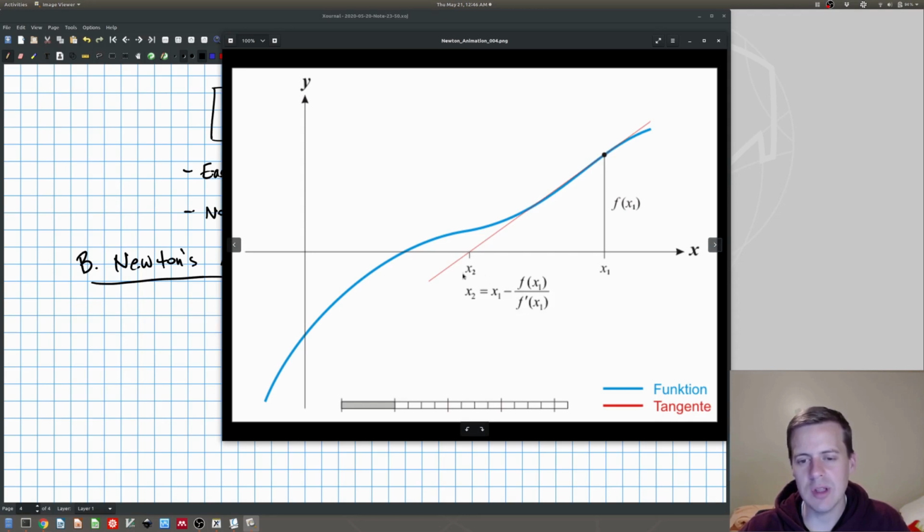And there's a formula that will do that. If I take the tangent line, okay, and then I set it equal to 0, that gives me that point right there. And that's the formula that tells me what it is. Okay? And if I take that point, now I can find the tangent line at that point on the function, find the new tangent line and trace that one to 0.